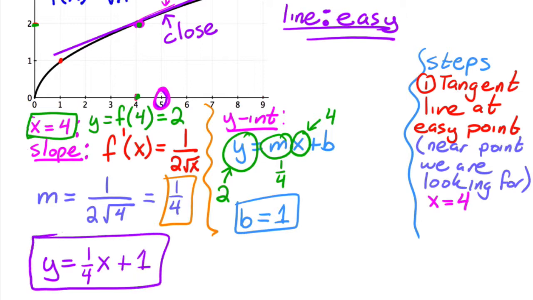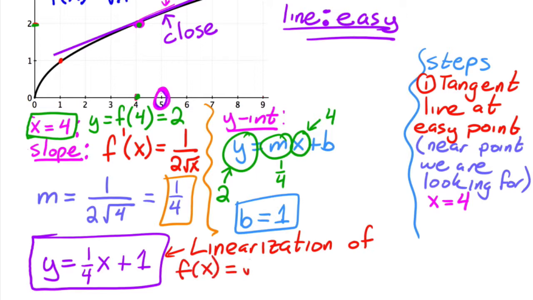Another name for this is the linearization of f of x equals square root of x at x equals 4. A fancy name for saying the equation of the tangent line at 4.